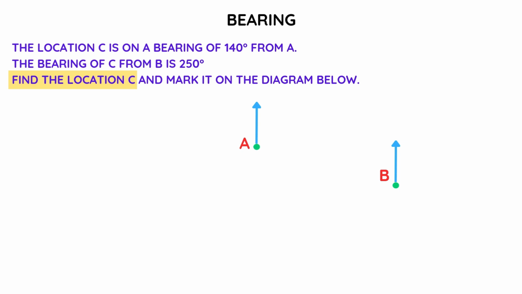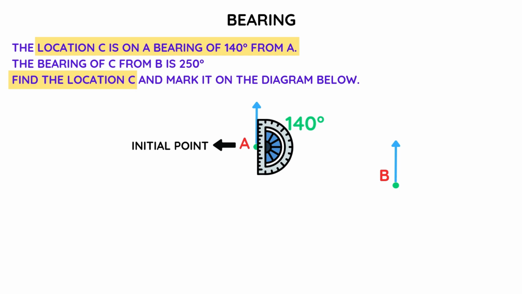We are told that the location of C is on a bearing of 140 degrees from A, so we take A as our initial point and draw a line at a bearing of 140 degrees from A. Using a protractor, we measure 140 degrees and then draw a dashed line in that direction. C could be located anywhere along this dashed line.